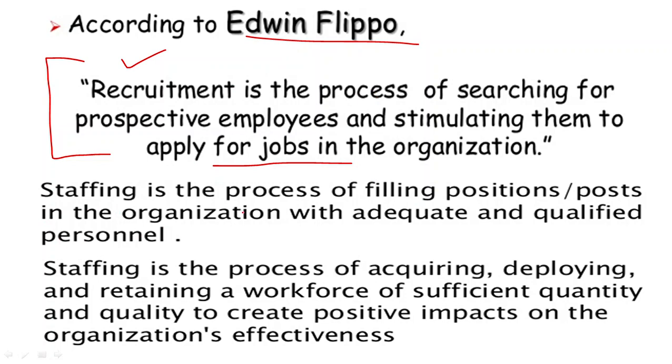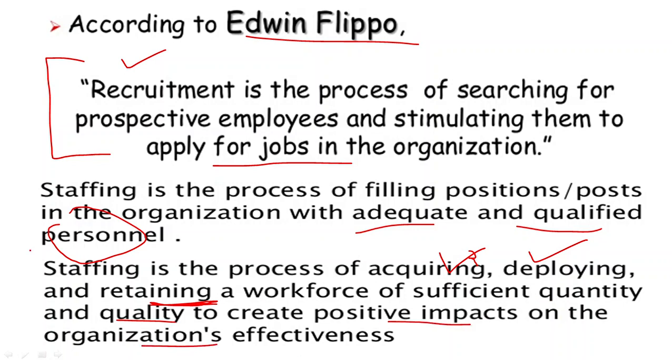However, staffing is the process of filling positions in the organization with adequate and qualified personnel. So the right people you will have to hire. So that is what staffing is all about. It is the process of finding, acquiring, deploying, and retaining a workforce of sufficient quantity and quality to create positive impacts on the organization's effectiveness.